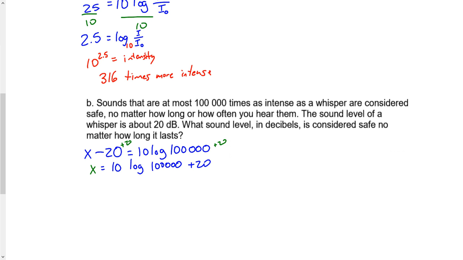Long story short, as long as you're just dealing with log base 10, you can literally type all this into your calculator and it'll give you your answer. I'll show you a separate way, but let's just type it in and see what we get. 10 multiplied by the log of 100,000, close the bracket, plus 20. So 70 is considered to be quite safe.